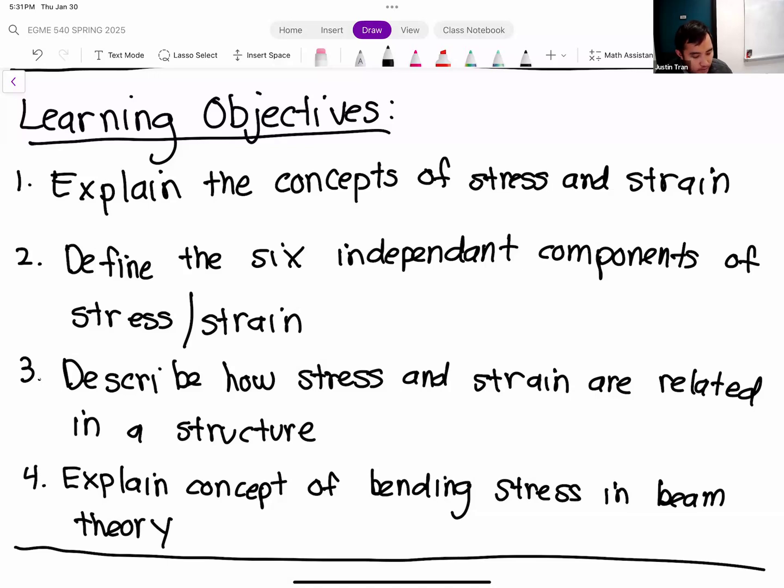The notes that I have are even more comprehensive because I use these notes for a lot of classes that I teach. They actually start from what is a force, what is a moment, what is a system of forces. We'll skip those things, hopefully everyone understands the concept of force, and skip ahead to the review on strength of materials.